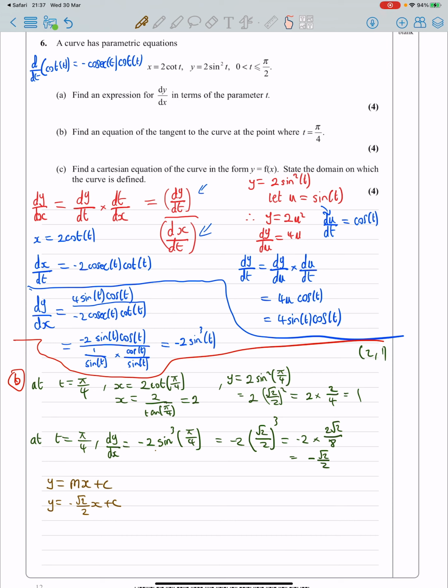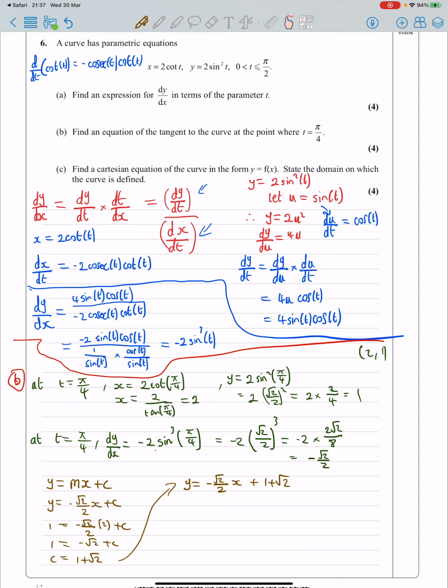So 1 is equal to minus root 2 over 2 multiplied by 2 plus c. So 1 is equal to minus root 2 plus c. So therefore c is equal to 1 plus root 2. So overall, we have y is equal to minus root 2 over 2 x plus 1 plus root 2. That's our final equation, our straight line.